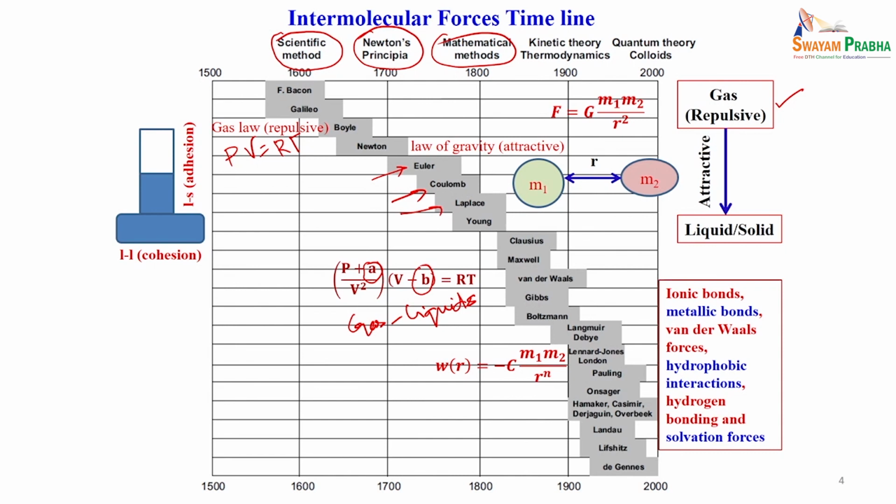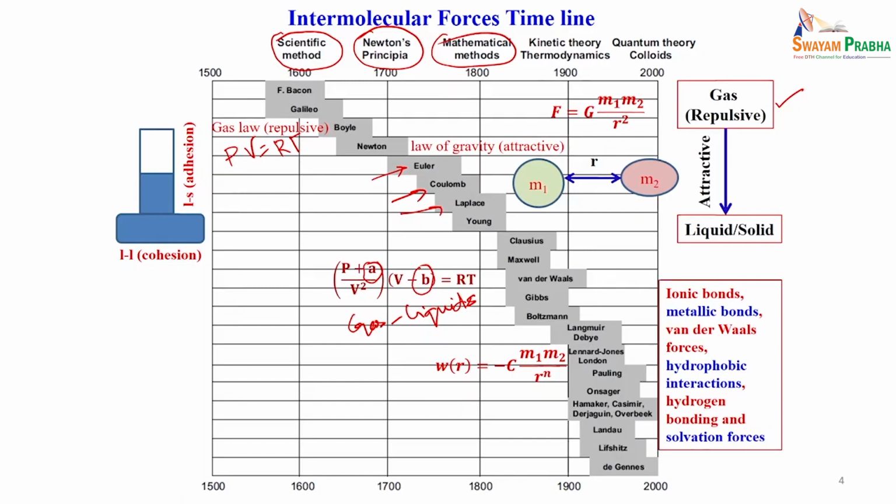It means attractive forces do not keep continuing. That is why the universe or the system exists. So, it is like repulsive, attractive and again repulsive. It is a balance between these two forces.